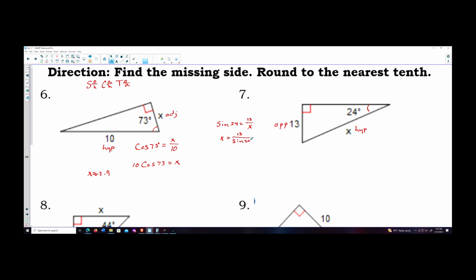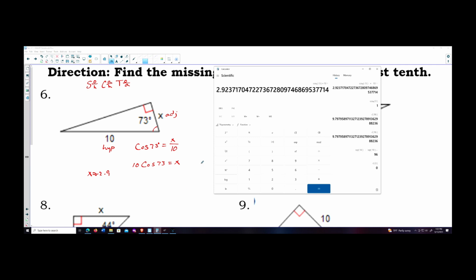You put that on the calculator. And it gives you 31.96.